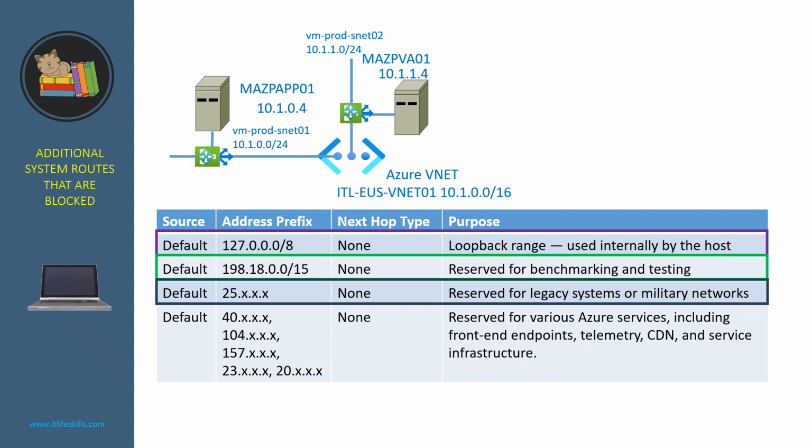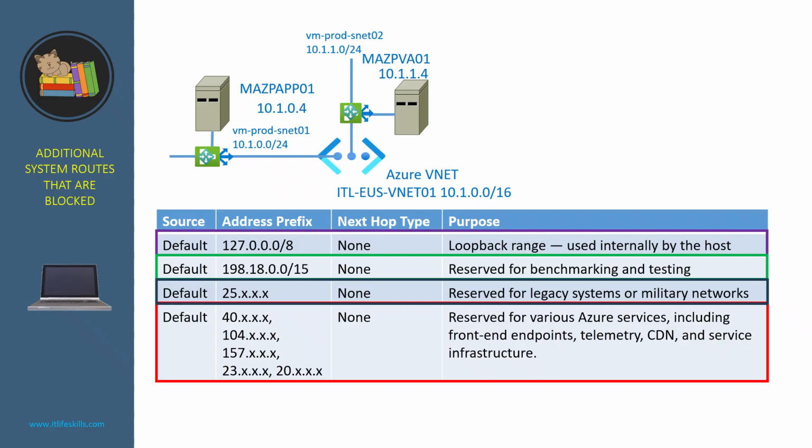The third one is reserved for legacy systems or military networks. And the last one is reserved for various Azure services, including front-end endpoints, telemetry, CDN, and service infrastructure.